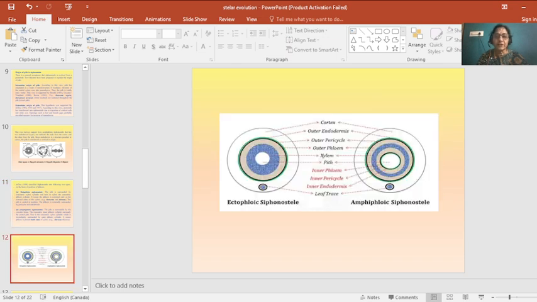So these are the figures showing ectophloic siphonostele and amphiphloic siphonostele, where in ectophloic you can see the pith surrounded by xylem and then by the phloem and pericycle and endodermis. While in amphiphloic siphonostele you can see the phloem present on both outer and inner side and then in between is present the xylem and in center is the pith.